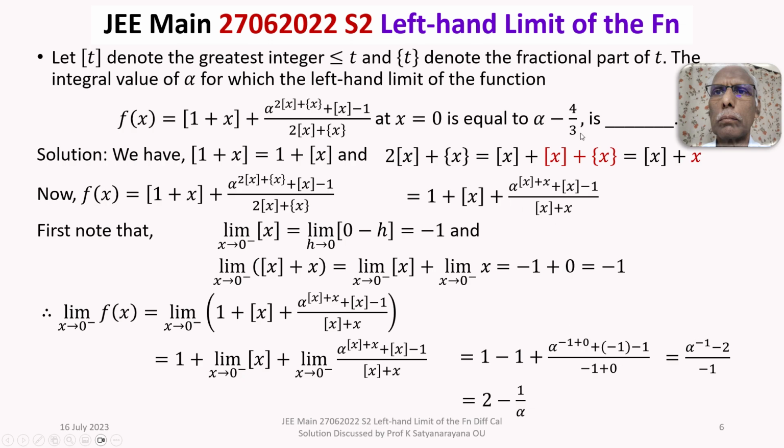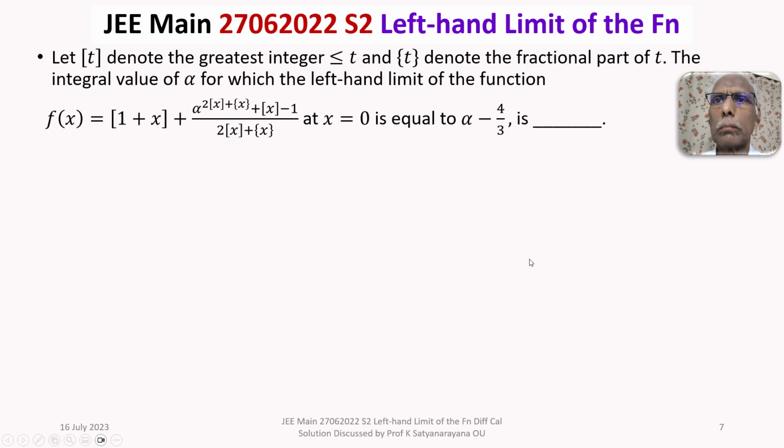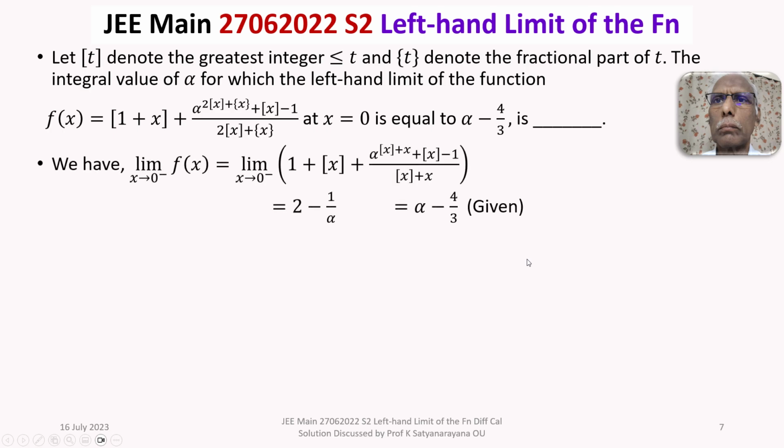But this is given to be equal to alpha minus 4 by 3. So this is equal to alpha minus 4 by 3. We continue for further simplification of this one in the next slide. This is what we have.